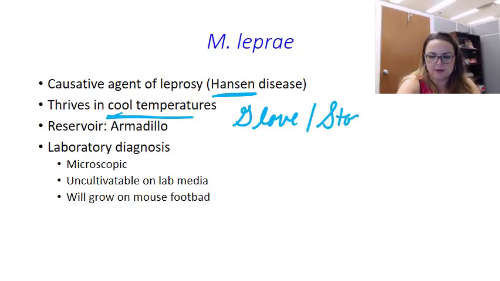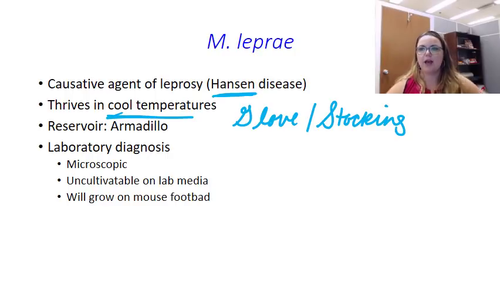So basically the areas of your body that you would normally cover with gloves and stockings. You can also have a loss of sensation as it infects the skin, and superficial nerves in the area that would be covered by, you guessed it, gloves and stockings become compromised.